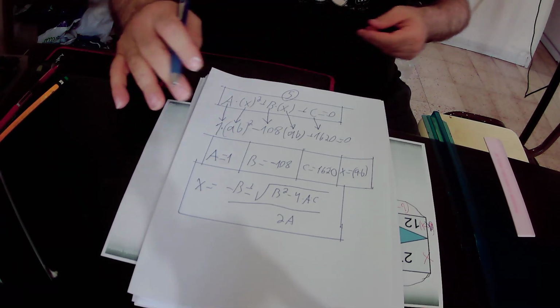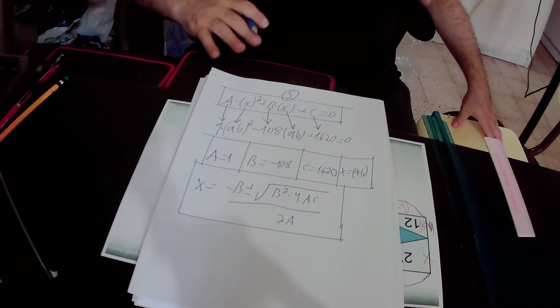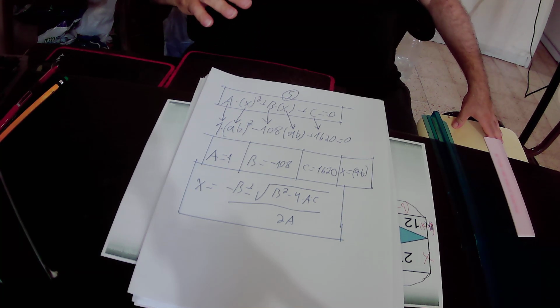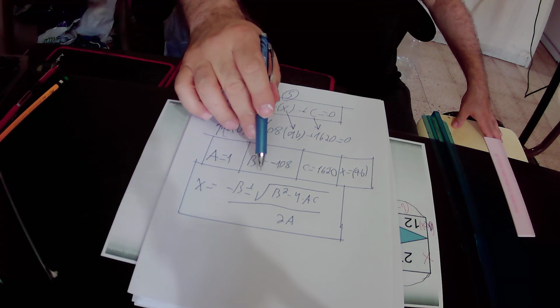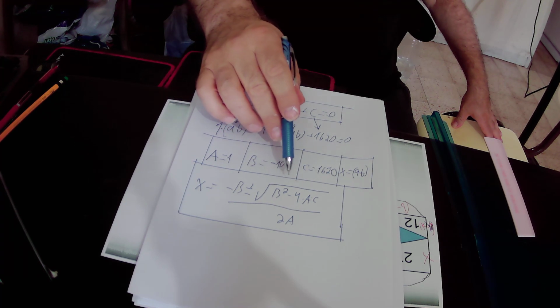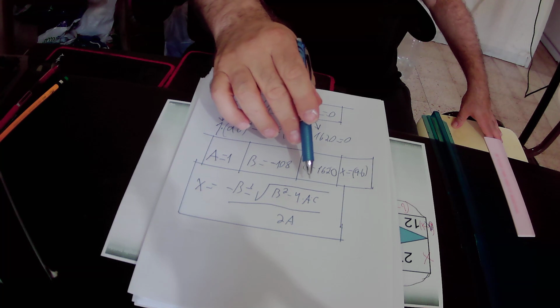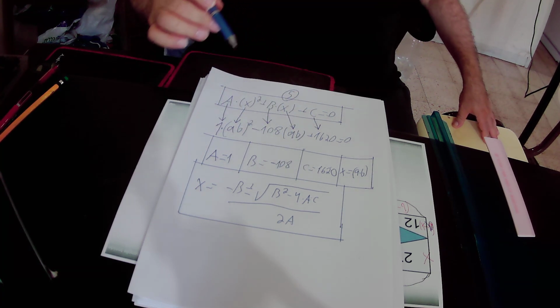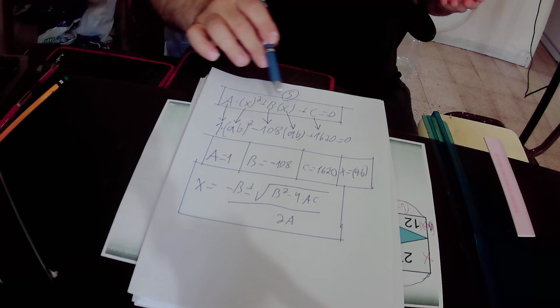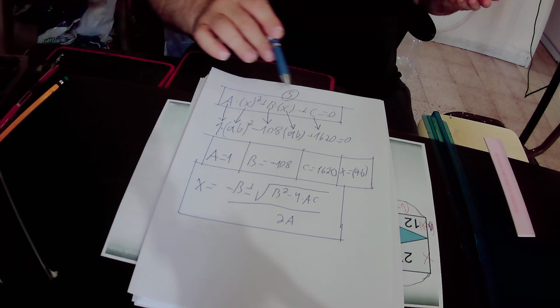So this is the general formula for x, where a, b, and c are the coefficients of the quadratic equation.